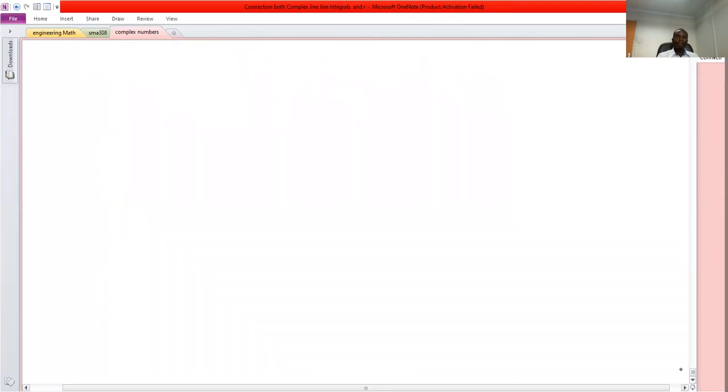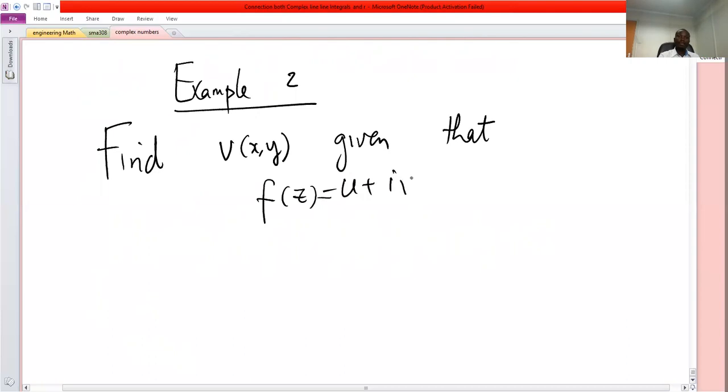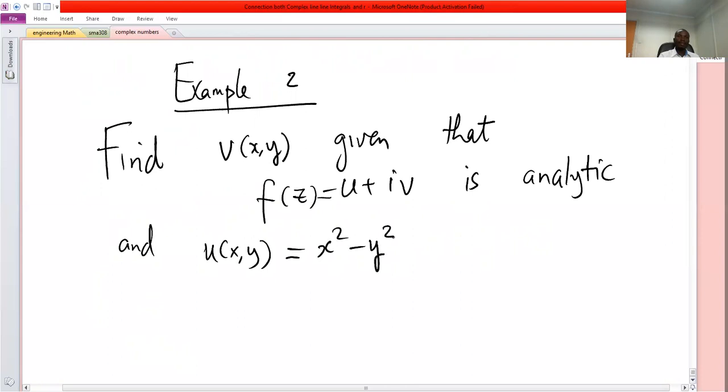Example 2. Find v of x, y given that f of z equals u plus iv is analytic and u of x, y is given by x squared minus y squared.